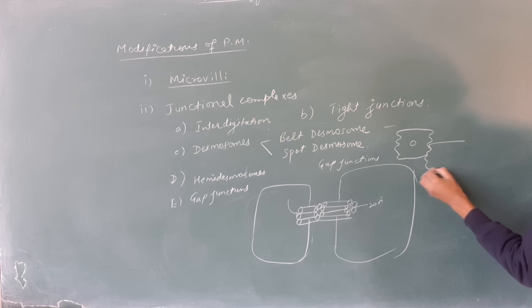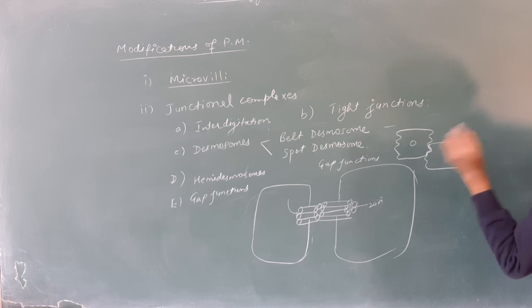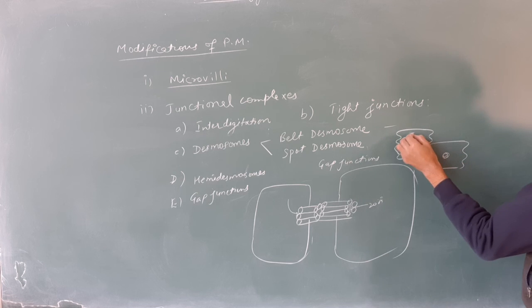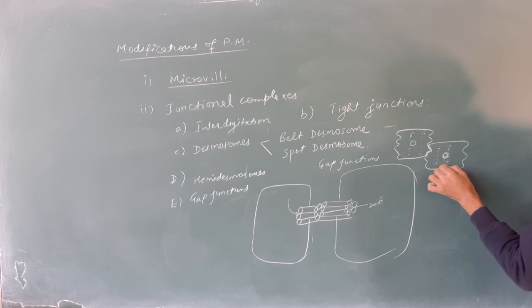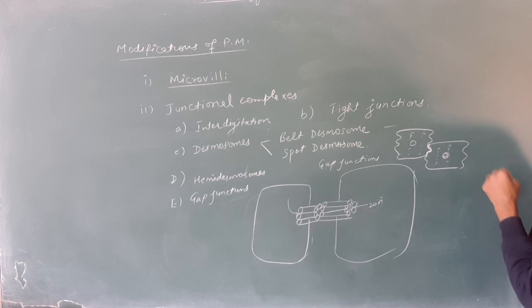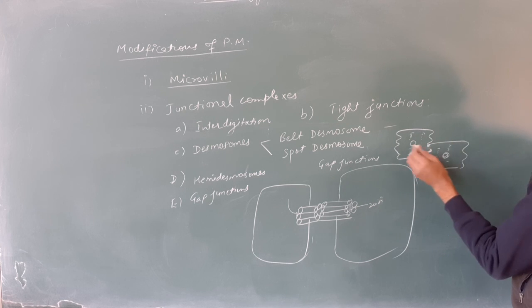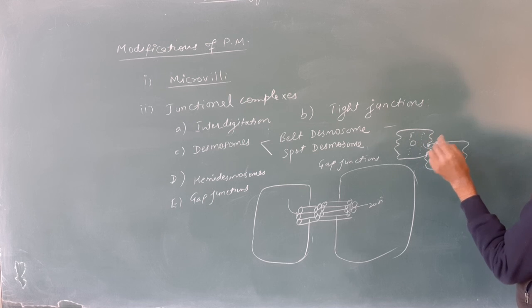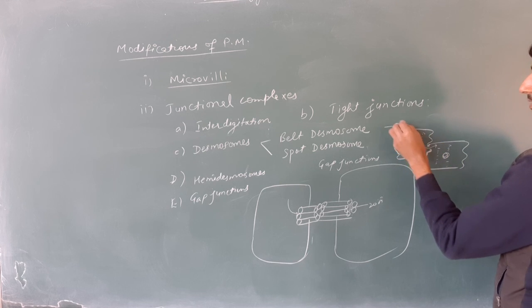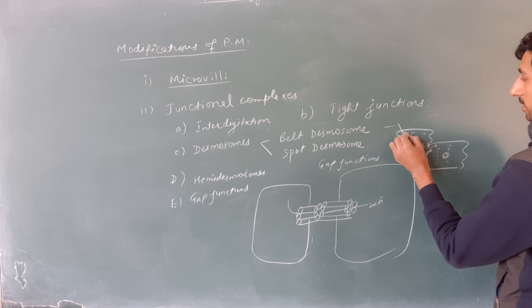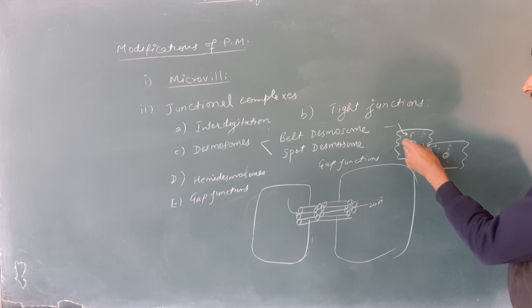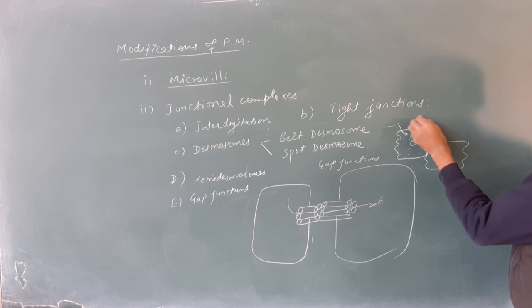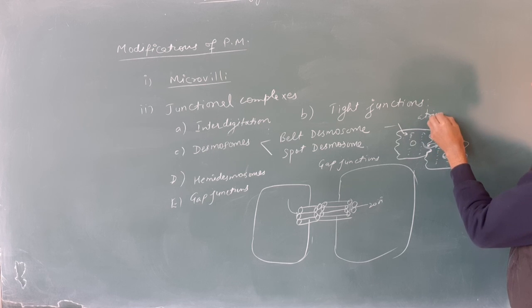This region is the intercalated discs, and the cardiac muscle cells are associated with each other through intercalated discs where desmosomes and gap junctions are present. Gap junctions allow free entry of sodium ions. When one cardiac muscle fiber gets the action potential, that wave is spread in the entire atrium or entire ventricle.